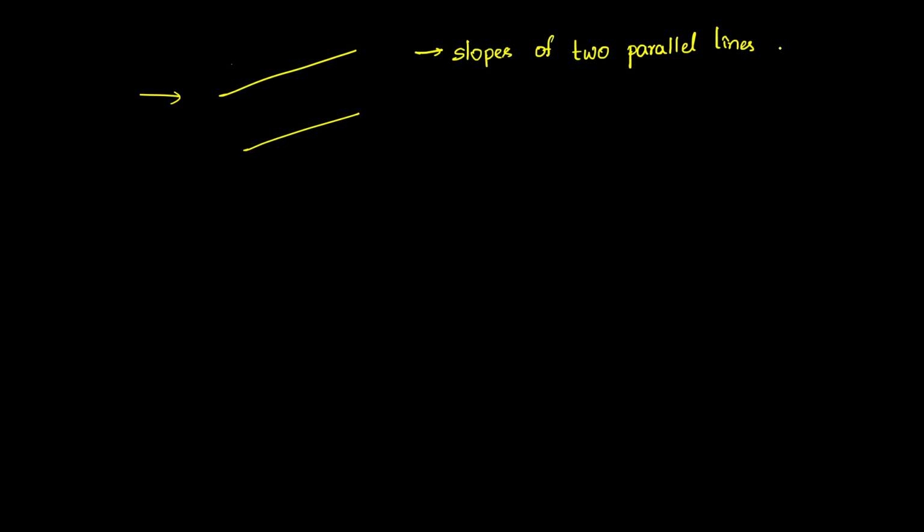For example, let us consider two parallel lines. Let it be one line. And slope is always measured with respect to horizontal, so it will be theta. So therefore the slope of line 1, m1, is equal to tan theta.